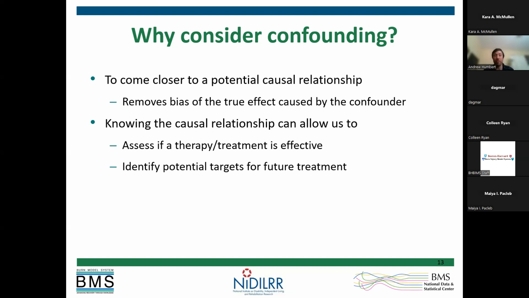So it allows us to identify pathways that we can try to target with our treatment or therapy, to make sure we can have the best outcome possible. I wanted to highlight those two because assessing the treatment and therapy is maybe obvious, but it's also important to know what the true relationship is, even if it's not a specific treatment, if it's just some kind of exposure, to understand if this is something we can address with a treatment, or if it needs to be addressed in some other way.